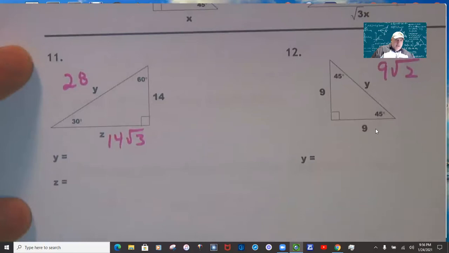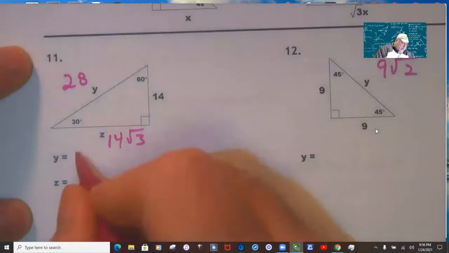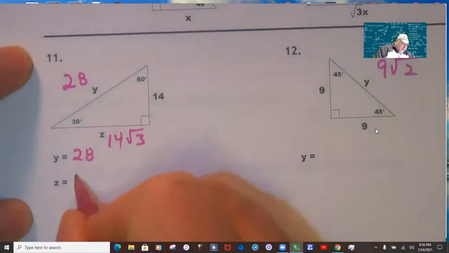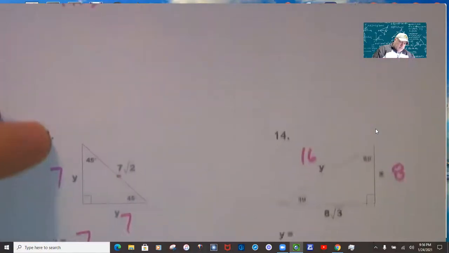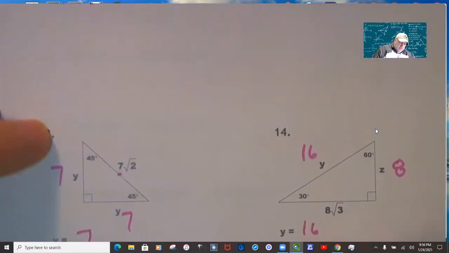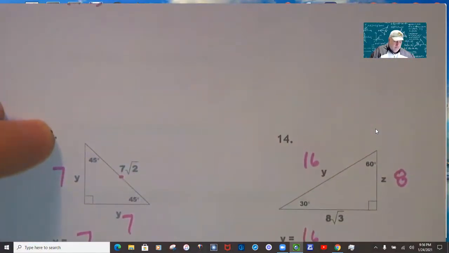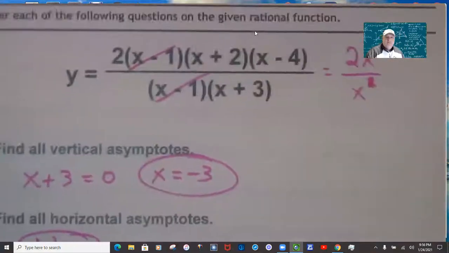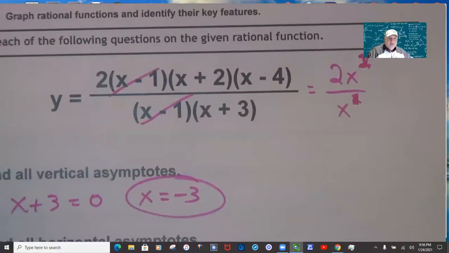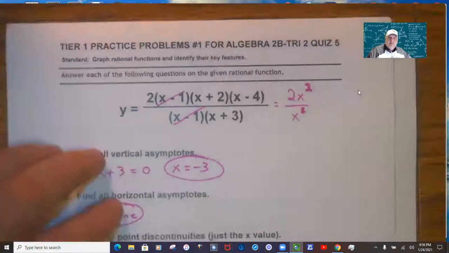And if you just want to put your values around the triangle and not write them down, that's fine. That will tell me you have this down. And then y is 16. And z is 8. Okay, so that's practice quiz 1 for quiz 5 in the second try for Algebra 2.